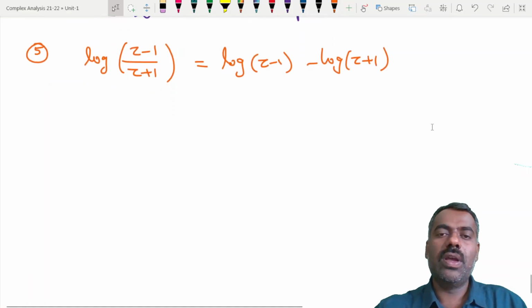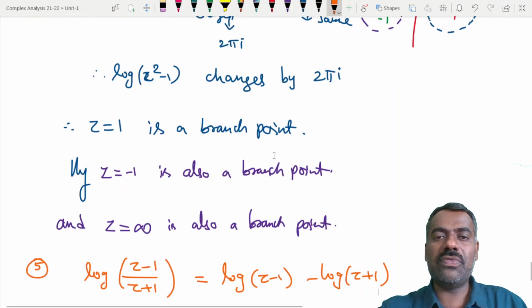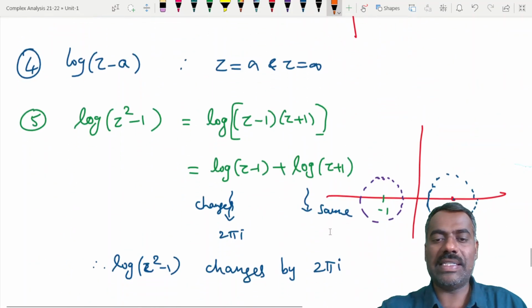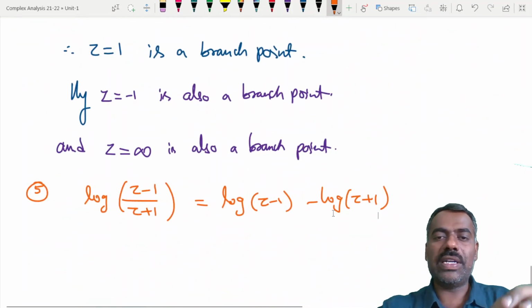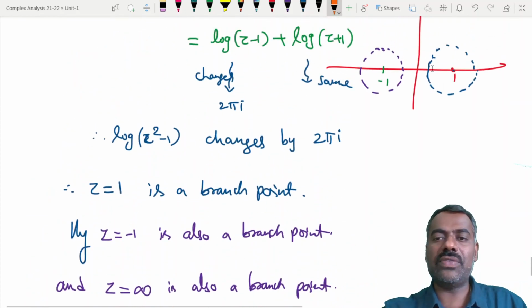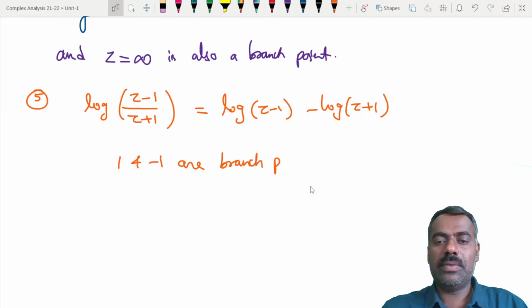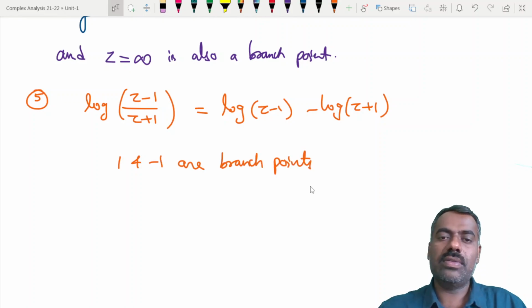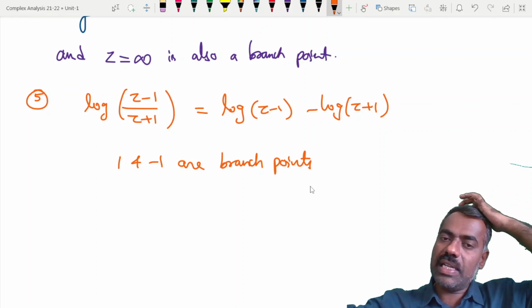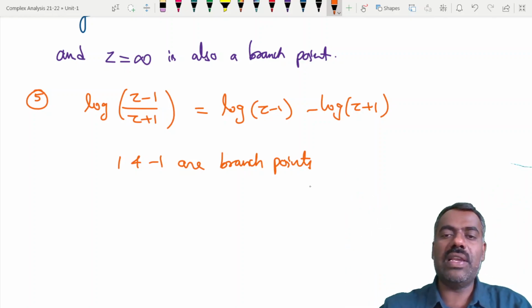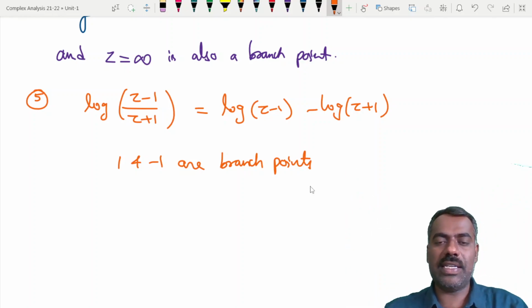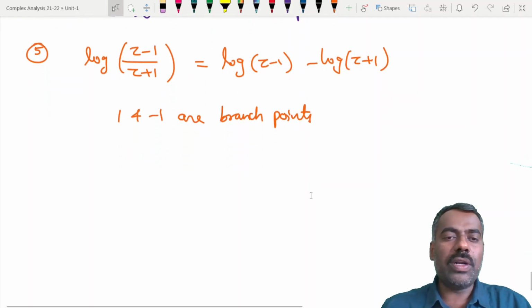Whatever argument we did here, you can see that 1 and minus 1 are branch points, because we can have circles around 1 and minus 1 where this value changes. So this value also changes. That means you get from one branch to a different branch. Therefore these are branch points.